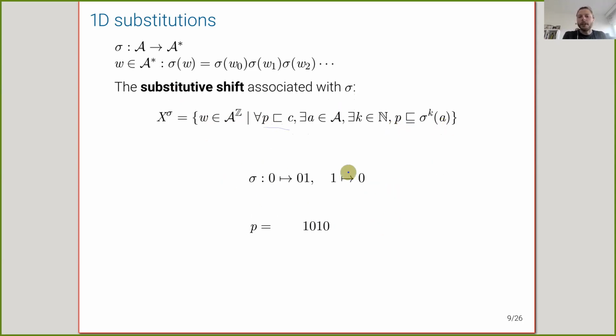So for example, here, if we take the very famous Fibonacci substitution, and we take some pattern P that maybe is a pattern of a word W, then for W to be in this shift, we ask P to appear in a bigger pattern like that, and that this bigger pattern is actually the image of the iteration of the substitution. So here it's sigma 5 of 0. And if this is true for all the patterns of the infinite word W, then the word is in X.